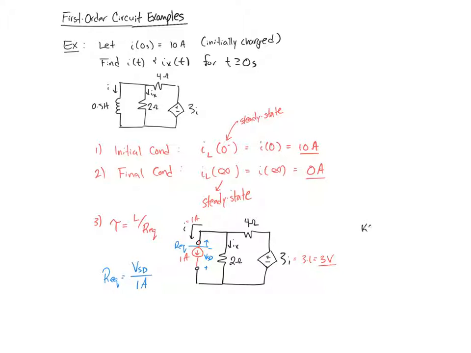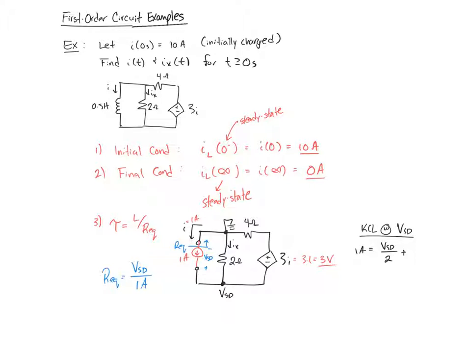Okay, so to analyze this, if I do a KCL, well, first I need to choose a ground node. Let's choose this top node to be my ground such that this bottom node becomes V_SD. I get to do KCL at V_SD. I get 1 amp coming in through this branch, assuming current is going out through the 2 ohm, equal to (V_SD minus 0) over 2.